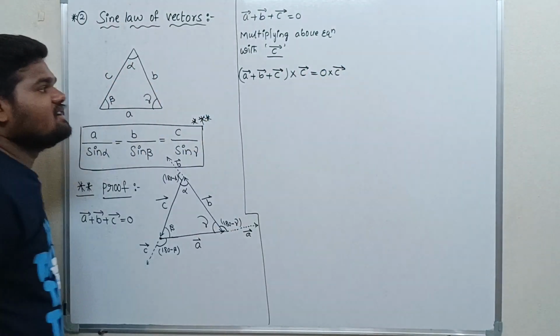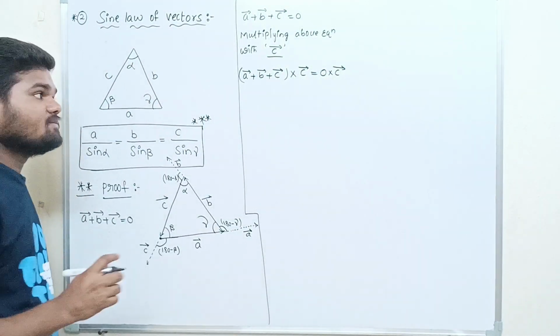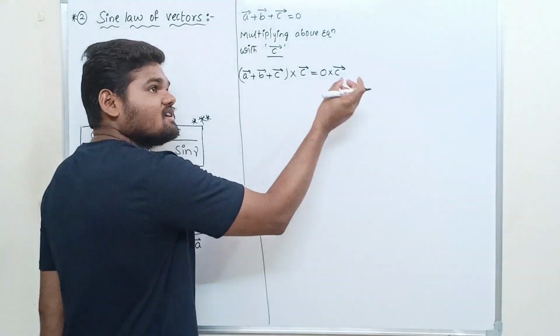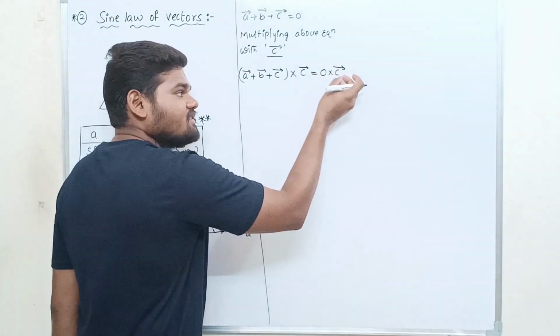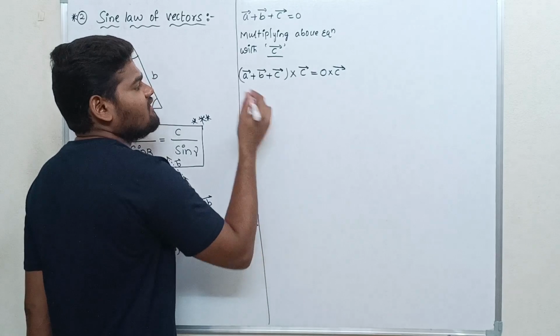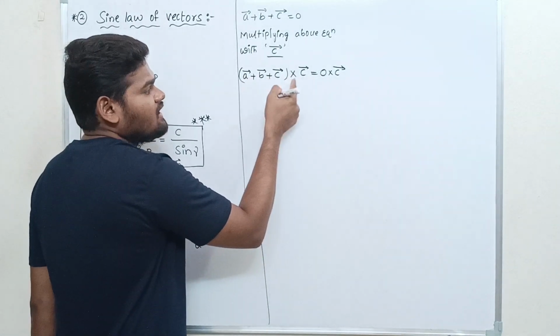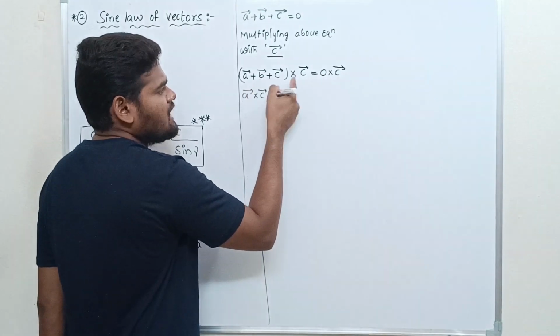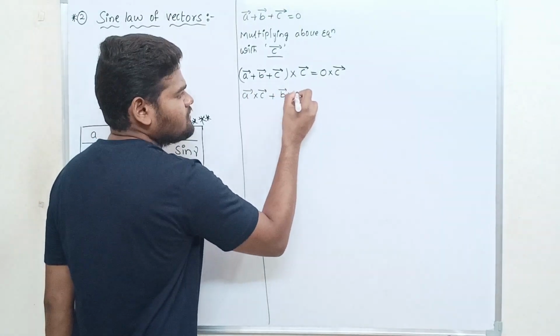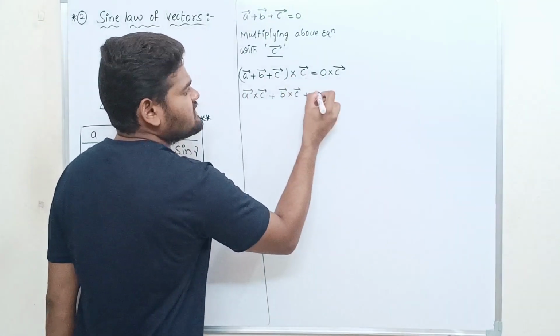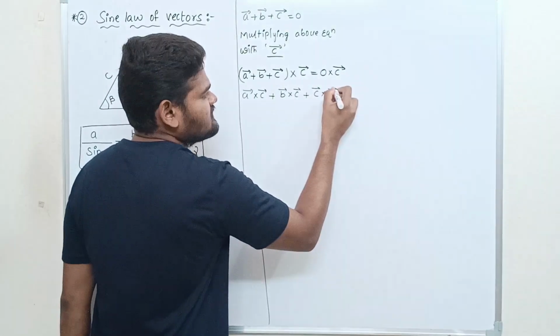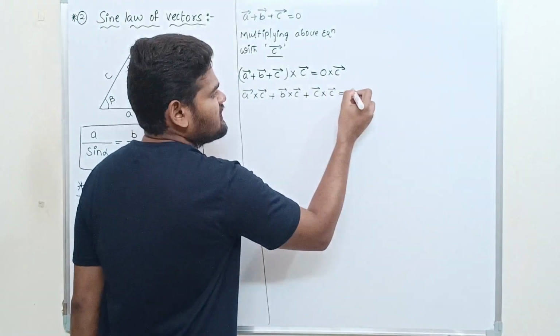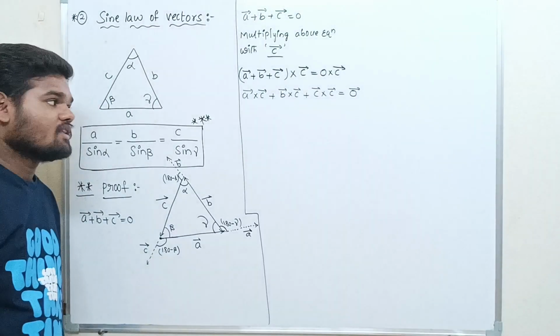I'm multiplying the C bar vector on either side. So 0 into C bar: the product of a null vector with a vector gives a null vector. So have a look: A bar cross C bar plus B bar cross C bar plus C bar cross C bar is equal to 0.